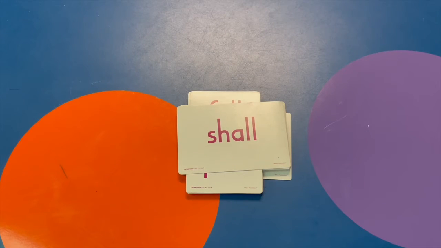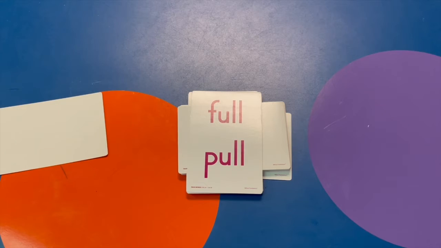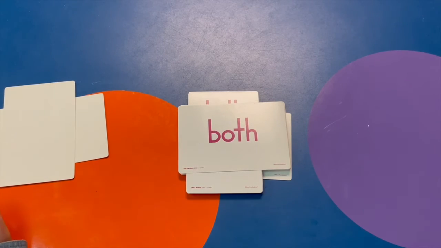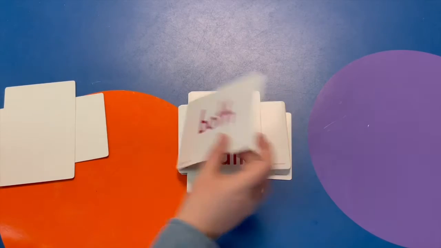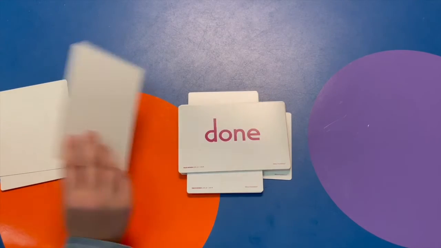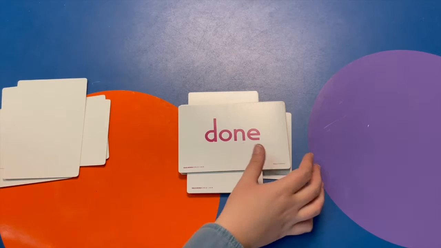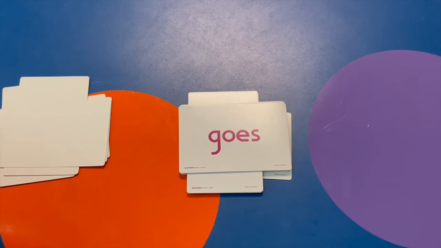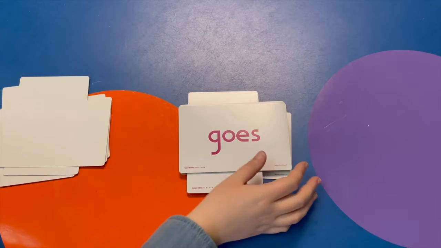Okay, second grade, let's review all our trick words we've learned so far this second grade year. I'll give you a chance to say it and then I'll say it. Here we go. Shall. Full, pull. Both. Talk, walk. Done. Goes.